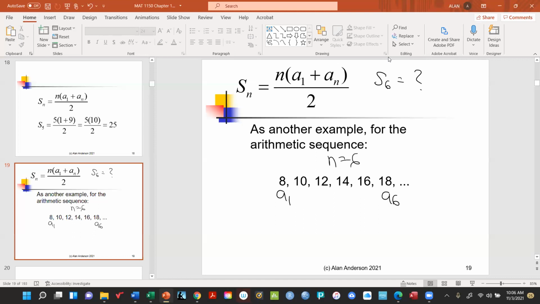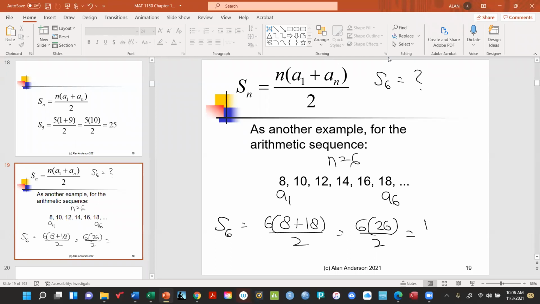So we already know that the sum is 78, but let's do the formula. Six, A1 is 8, A6 is 18, over 2. What do you know? It is in fact 78. That's what we figured. All right, well, that means we're in pretty good shape here.